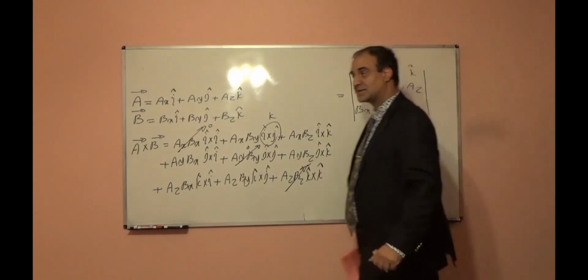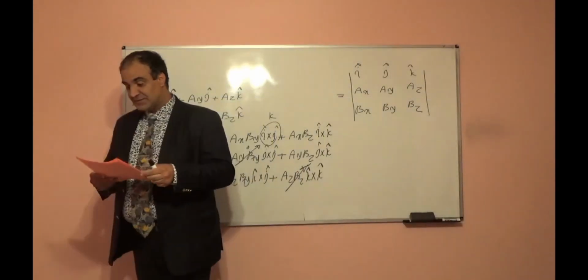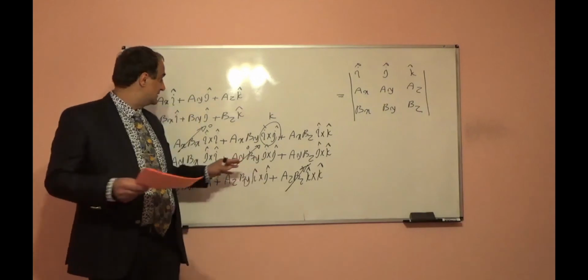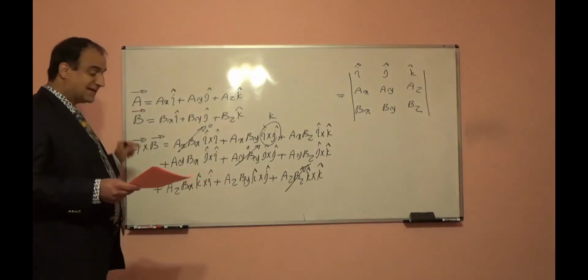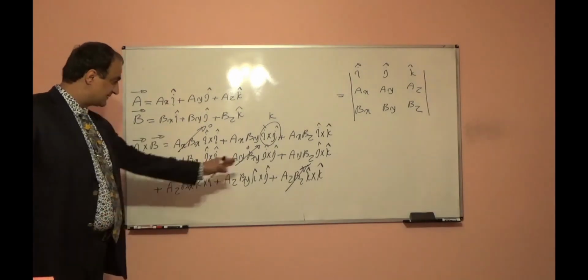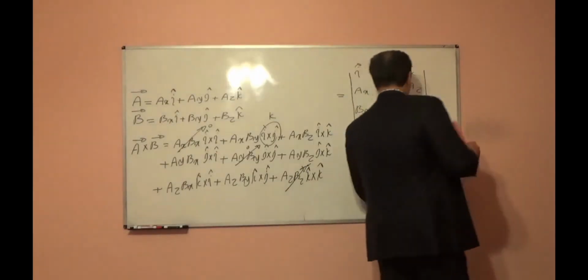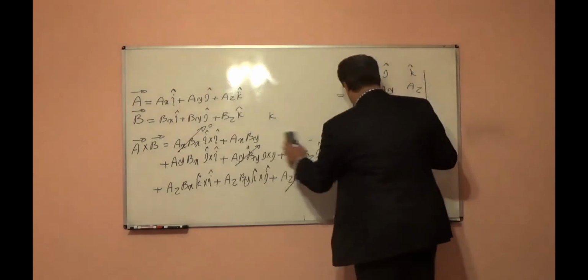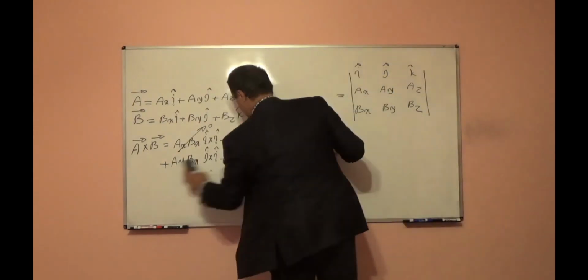If you expand this determinant, you will find the cross product of A and B. So to find it faster, instead of writing in this form, we can represent it in determinant form.